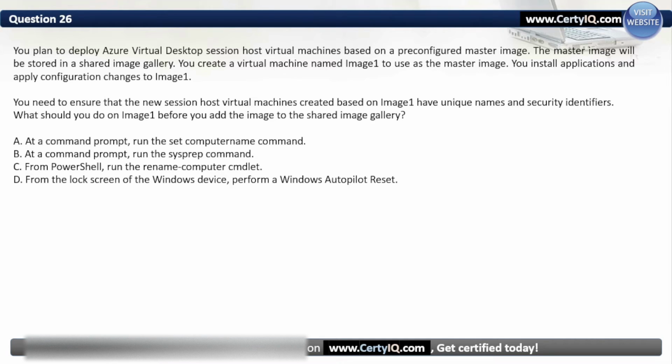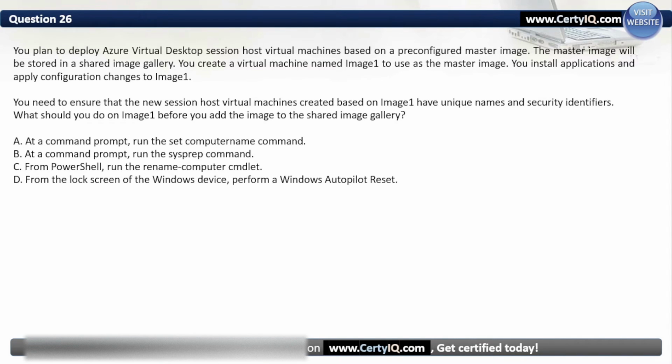Question 26. You plan to deploy Azure Virtual Desktop session host virtual machines based on a pre-configured master image. The master image will be stored in a shared image gallery. You create a virtual machine named image1 to use as the master image. You install applications and apply configuration changes to image1.